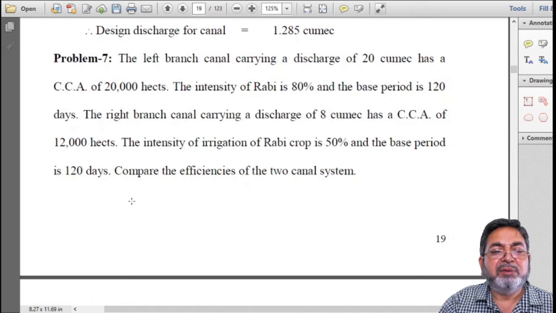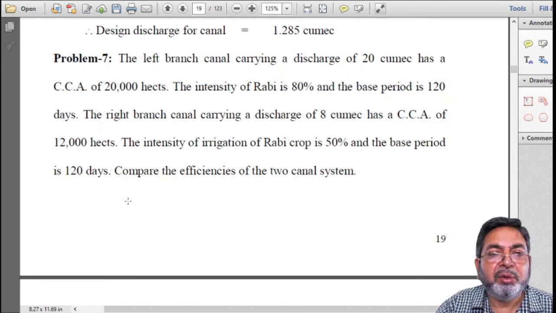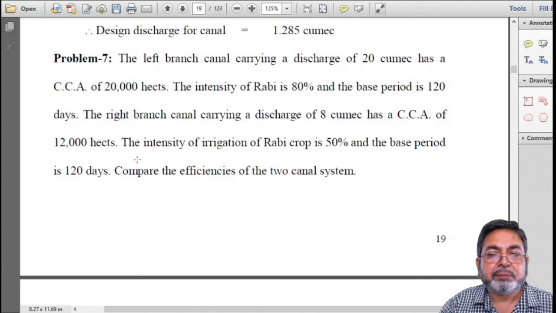The discharge of the two branch canals have been given to you, 20 cumec and 8 cumec. And CCA means culturable command area, means the area to which that canal is supplying water, given here as 20,000 and 12,000 hectares for left and right canal respectively.